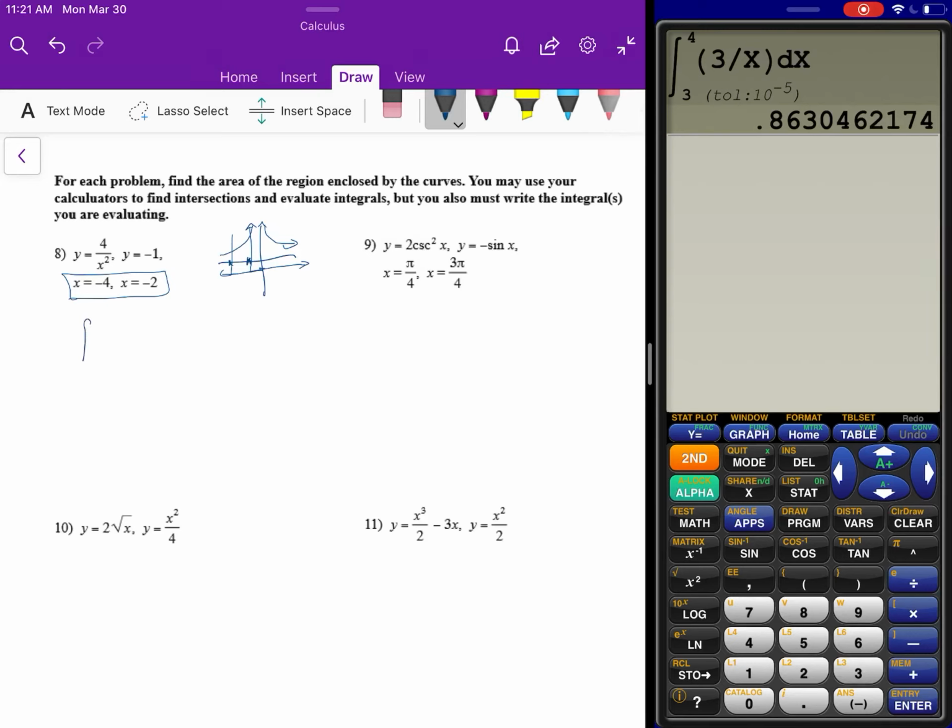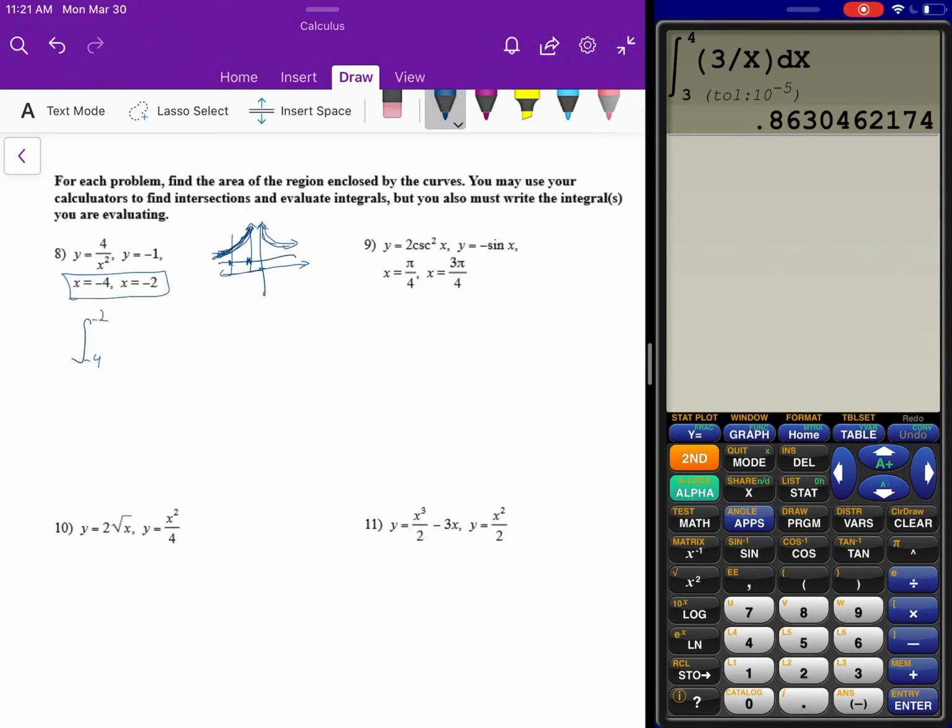So we can integrate from -4 to -2. Except this time we're not just doing 1, so it's not quite like the other one. We have to do the higher function, which is the 4 over x squared, minus the lower function.